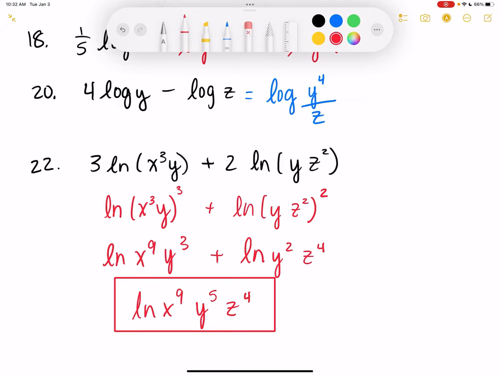Okay, anyone else? I do have one, but should I say it anyway? Is it different than his? Yes. Then say it. It's different. ln x to the 9 plus ln y cubed plus ln y squared plus ln z to the 4th.